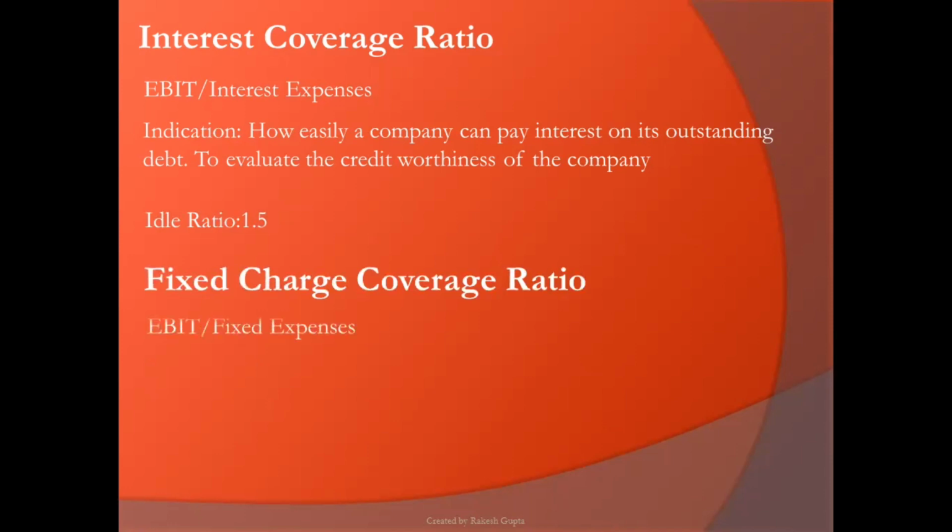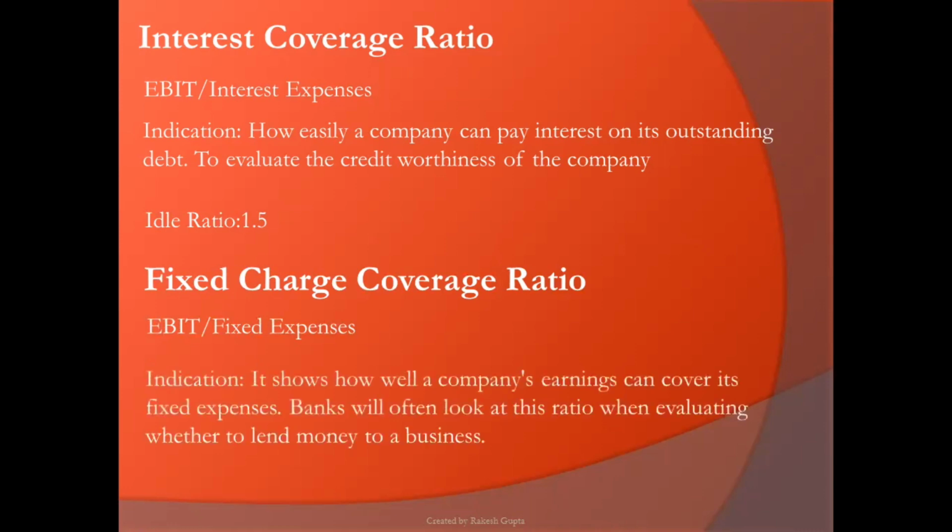Fixed charge coverage ratio. What is the formula? EBIT divided by fixed expenses. Fixed expenses like utility expenses, we have to pay on a fixed monthly basis or yearly basis. What is the indication? It shows how well a company's earnings can cover its fixed expenses.